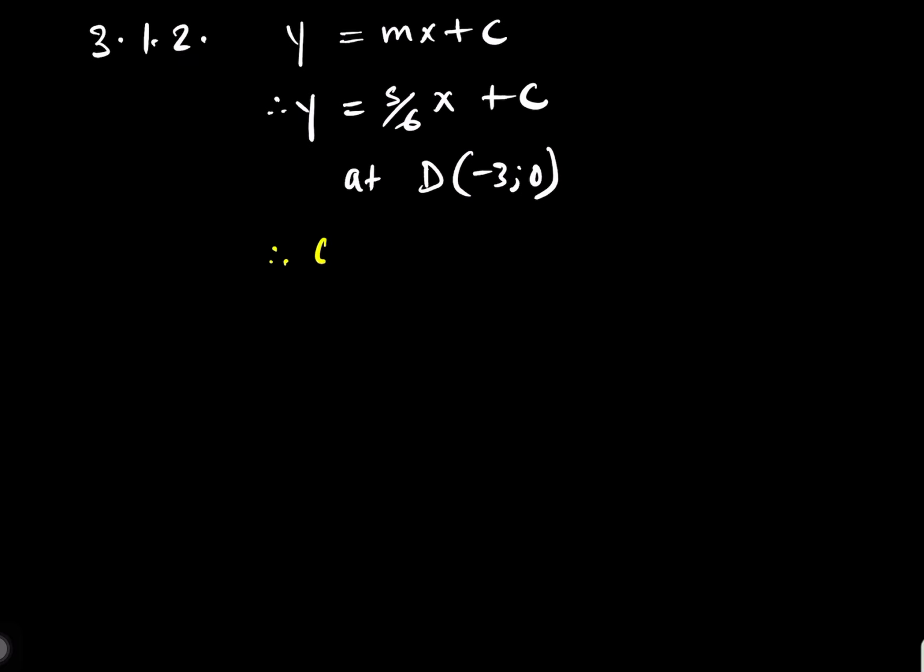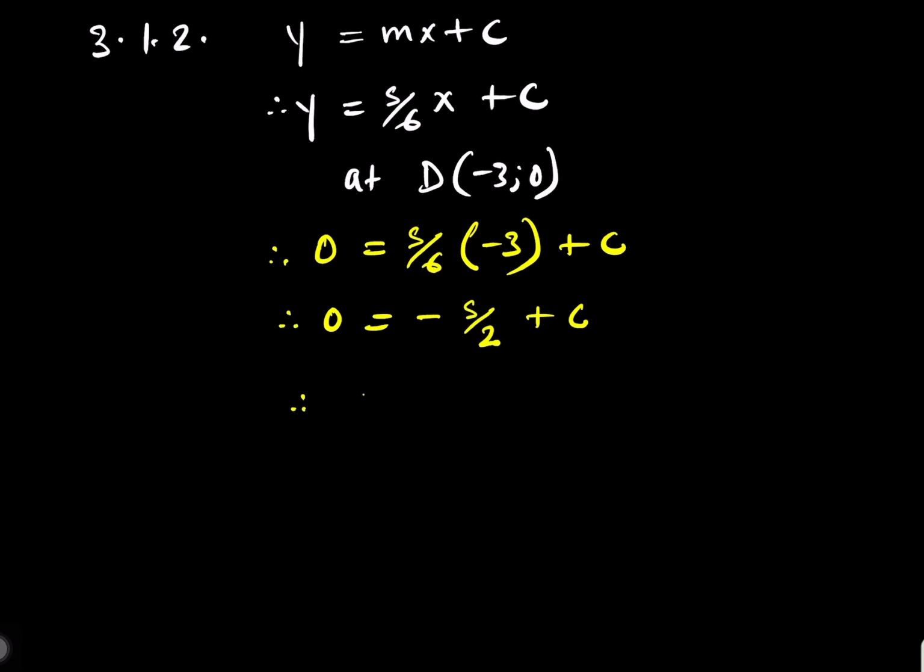So let's see what we get. We get 0 is equal to 5 over 6 multiplied by x. Our x is minus 3 in the particular equation, and plus c. So therefore, you've got 0 is equal to, if you multiply these two, you get negative 5 over 2, I would like to believe, plus c.